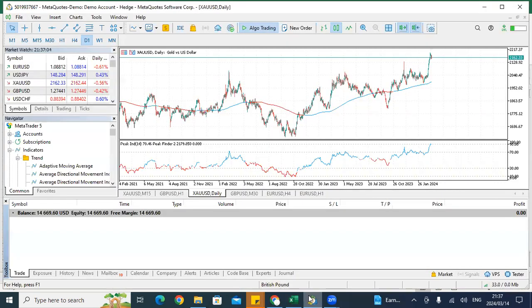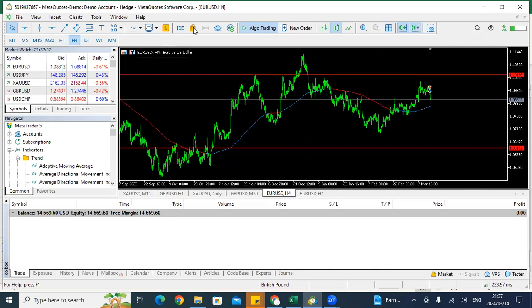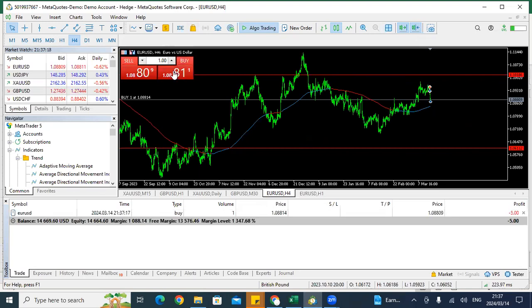Let me go to Euro USD, and let me try opening a trade of 1 lot to buy. Okay, as you can see here, it says margin 1088.14, which means I have used up $1,088 to open this trade, and what is free of my money is 14,000 minus 1,088, which is my free margin.